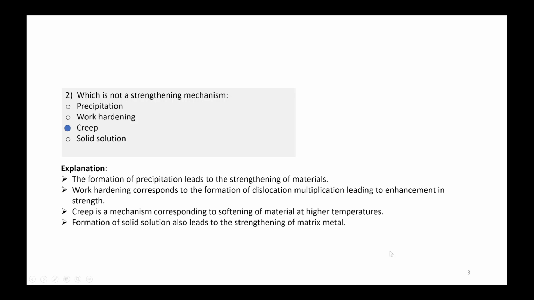Now we can explain this by saying that firstly for precipitation, the formation of precipitates leads to the strengthening of material, and work hardening corresponds to dislocation multiplication leading to enhancement in strength, and creep is a mechanism corresponding to softening of material at higher temperatures. So it is the only one which is not a strengthening mechanism, and formation of solid solution also leads to strengthening of matrix metal.